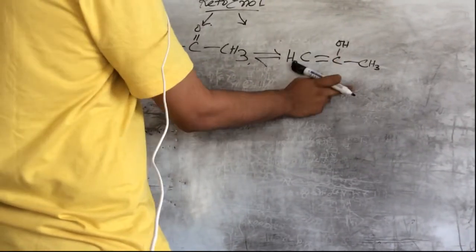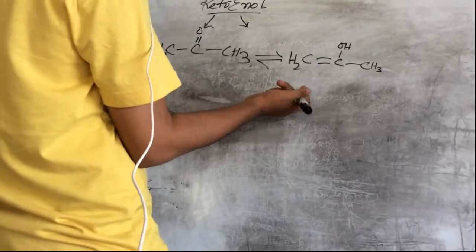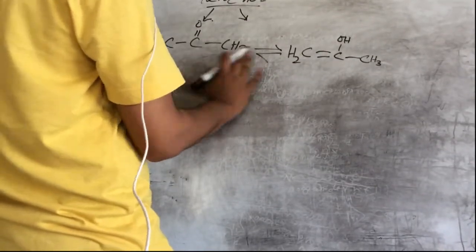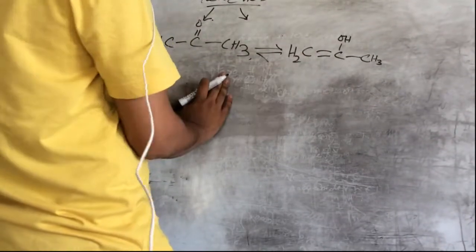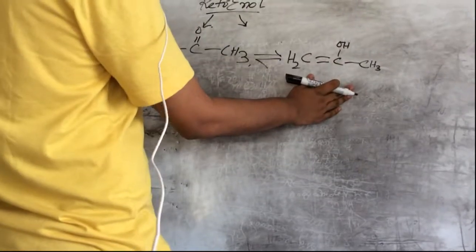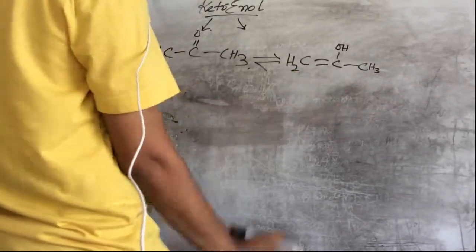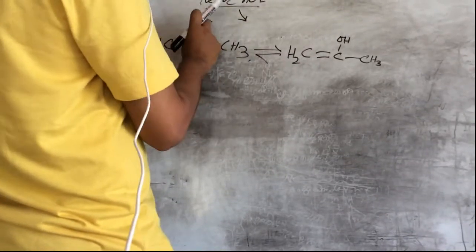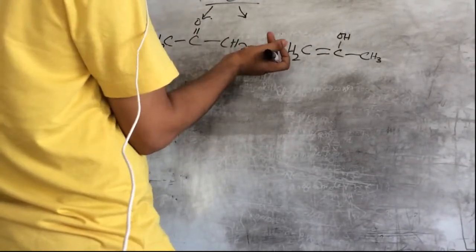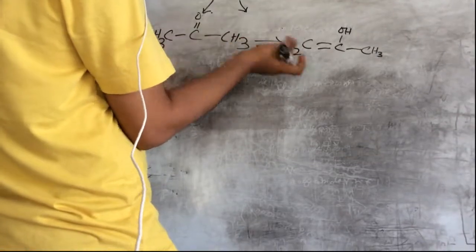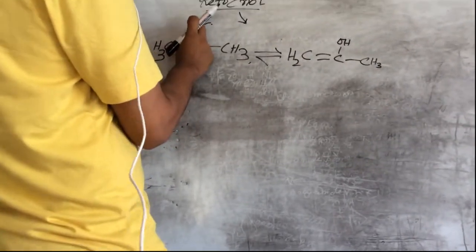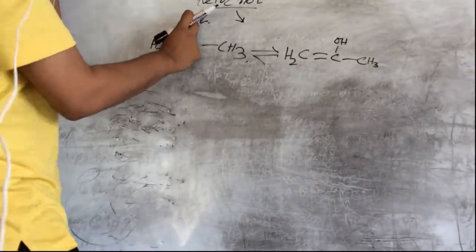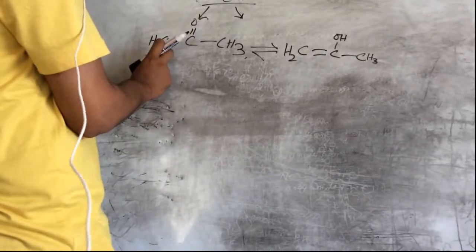So if you check the formula for both, the molecular formula remains the same. So these two are isomers, as well as these two are in equilibrium with each other, so they are tautomers of each other. So you can remember this trick, that this double bond here shifts here, and one alpha hydrogen.